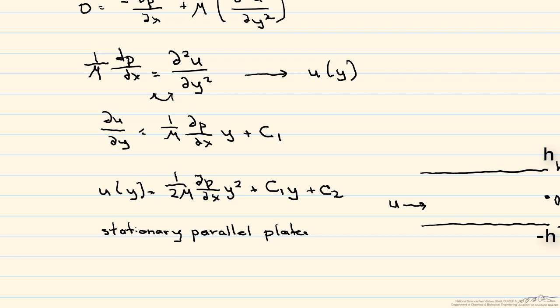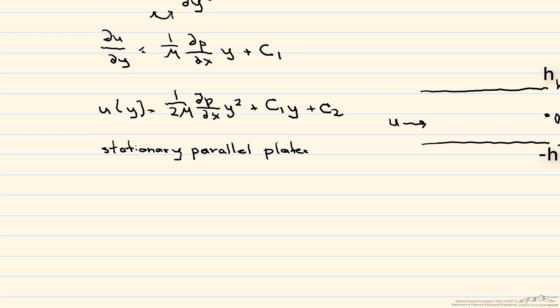So because we have two constants, C1 and C2, we're going to need two boundary conditions. That means let's find a certain y and apply some form of the velocity to it.